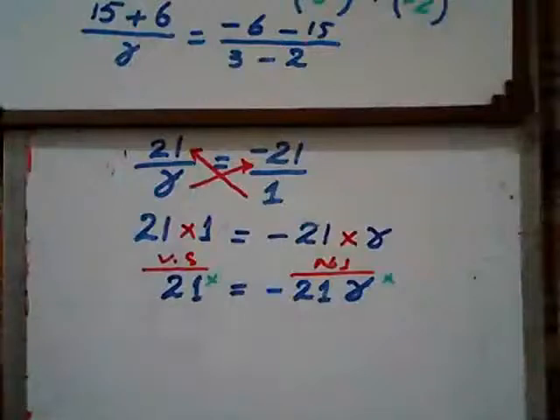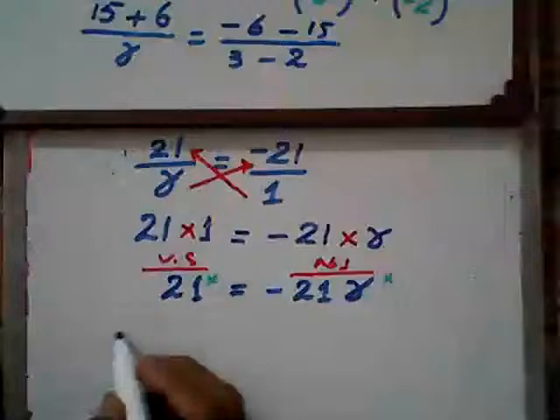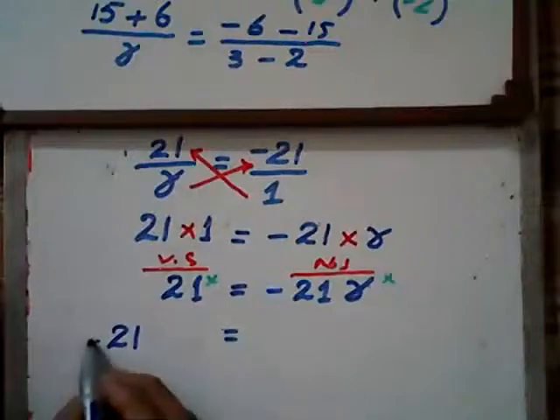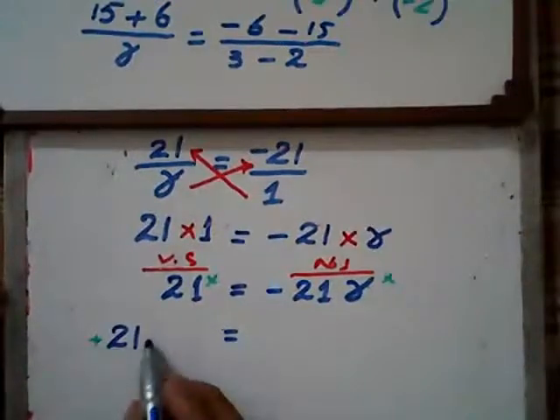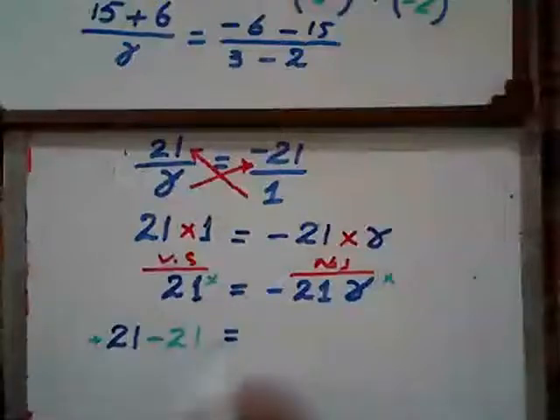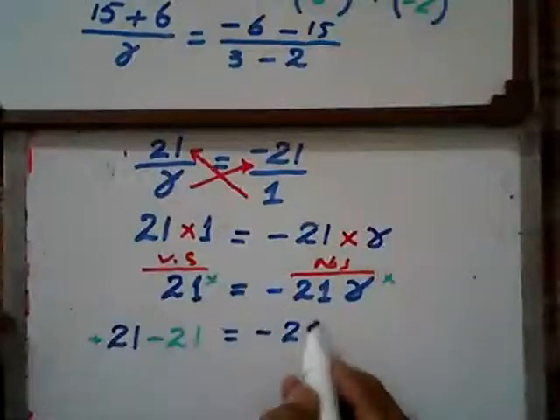We'll be doing the same thing that we have done earlier. 21 we want to remove. If there is no sign, it means it has a plus sign. And how to remove this? Minus 21. And on the other side it was minus 21r.